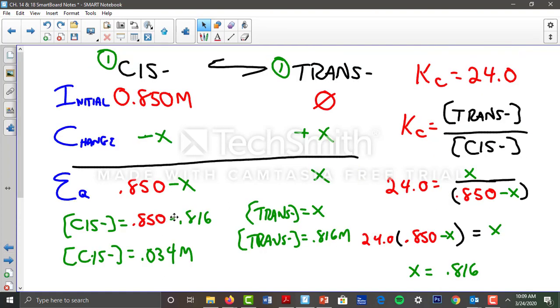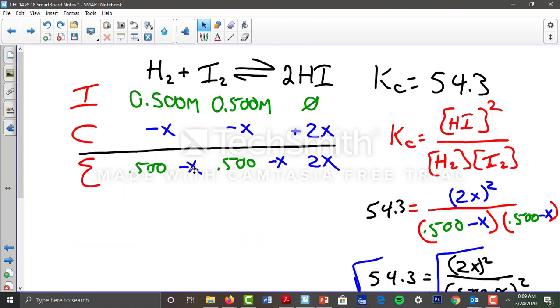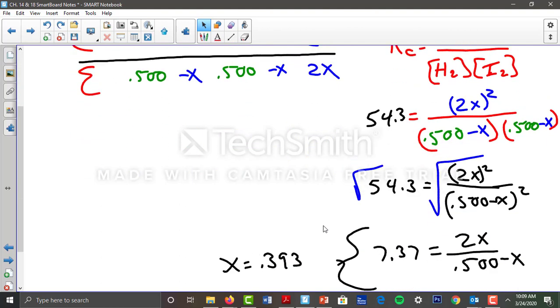Now, like we did back here, we can plug in the value that we found for x into here and here to solve for our equilibrium amounts.